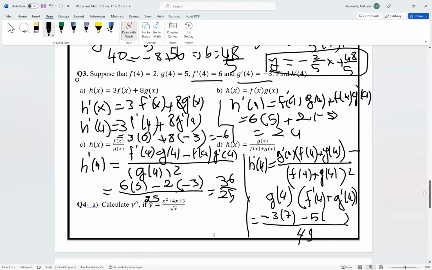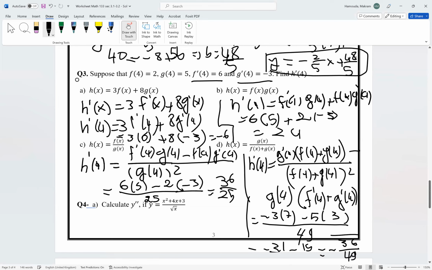The sum of the derivatives, 6 plus minus 3, that means 3. And now, finally, it's minus 21 minus 15 over 49. Then it is minus 36 over 49.